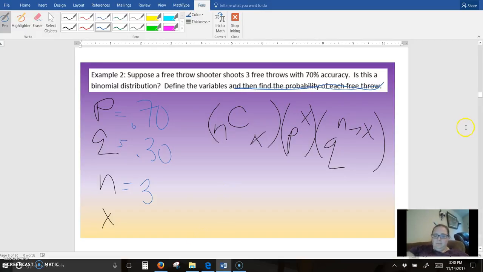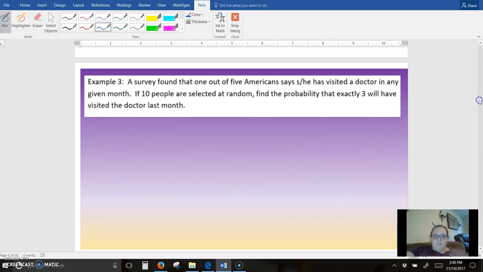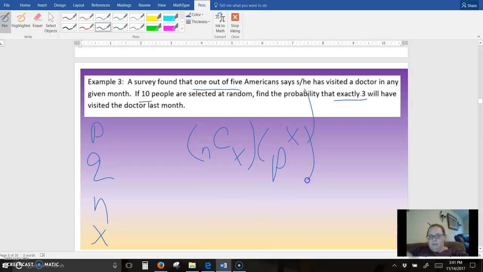Let me show you another example. A survey found that 1 in 5 Americans says that they have visited the doctor. 10 people are selected, and we want the probability that exactly 3 will have visited the doctor. P, Q, N, X. And I always write our formula, nCx, p to the x, q to the n minus x.